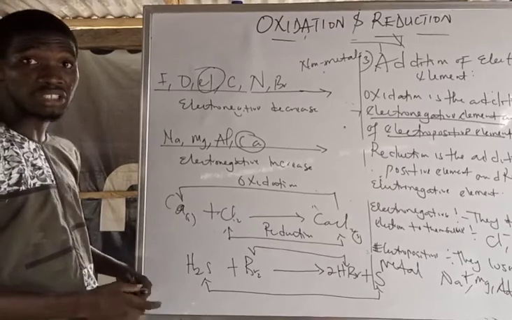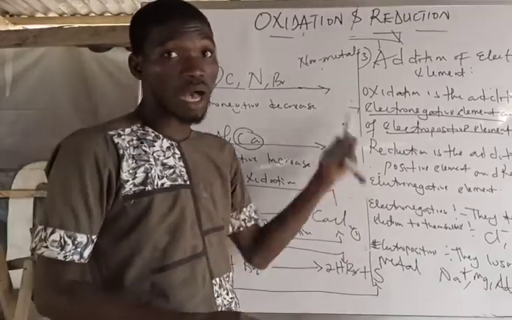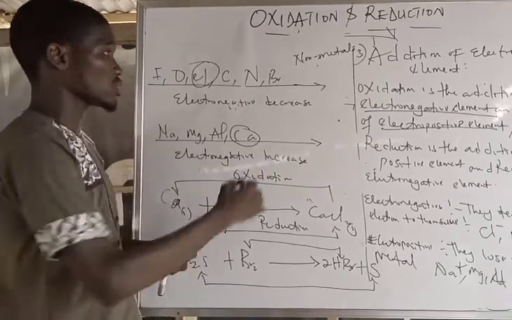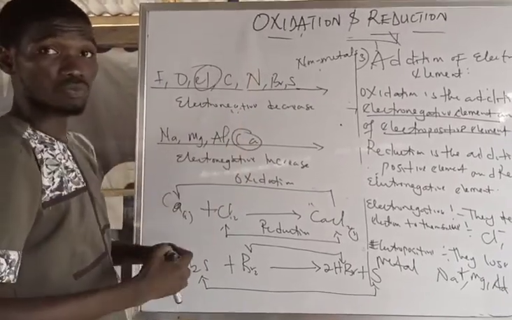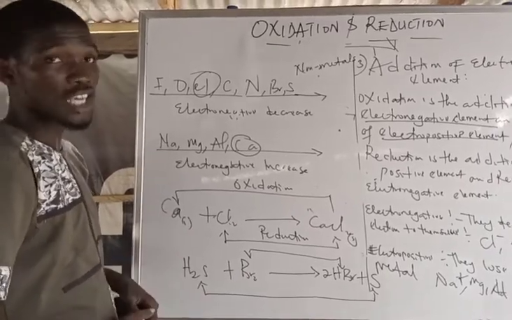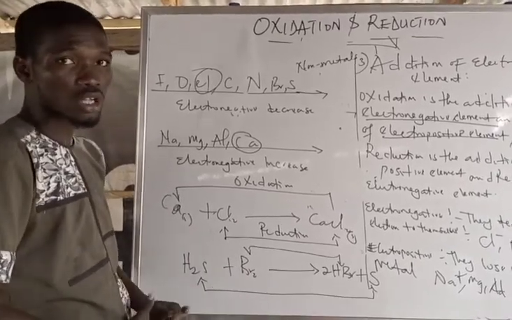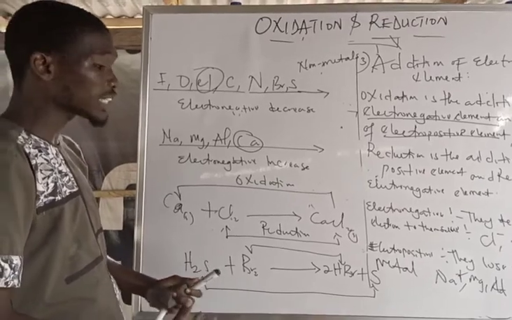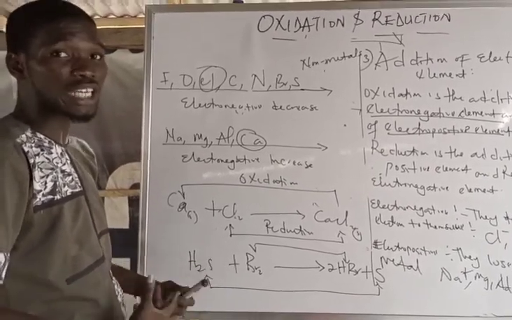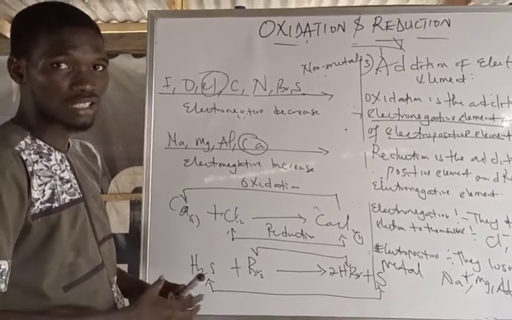Mind you, sulfur is a good example of those elements in electronegative decrease. And bromine also is an example of electronegative decrease. So hydrogen is not. We all know that hydrogen can be found to be an element that combines with either the halogens or the nonmetals.